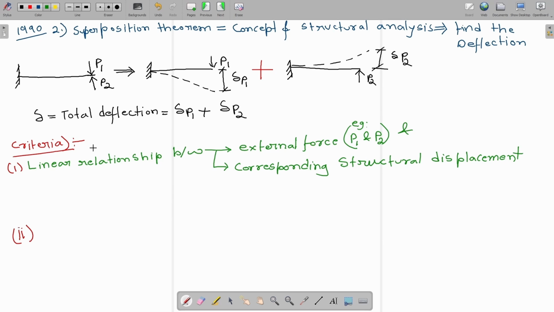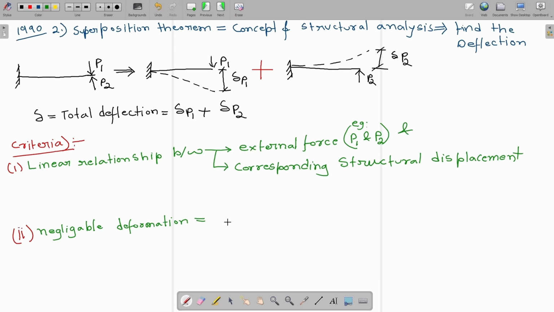Criteria 2 states that there should be negligible deformation. Okay, what does this mean?